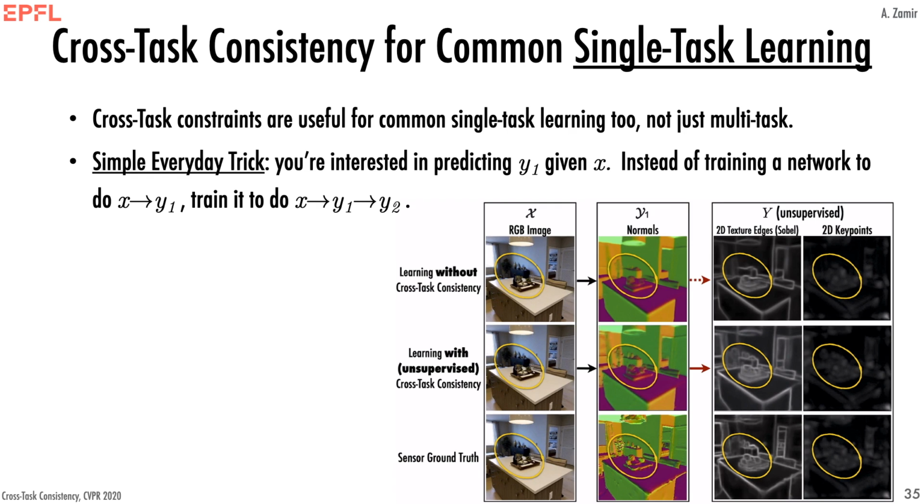These are domains for which we have programmatic solutions. Given an image, you can apply, say, the Canny edge operator and then extract the texture edges. And you can use that as the Y2 domain. And interestingly, you can see that the results of surface normals prediction actually improve. That's what you see in the middle row here.